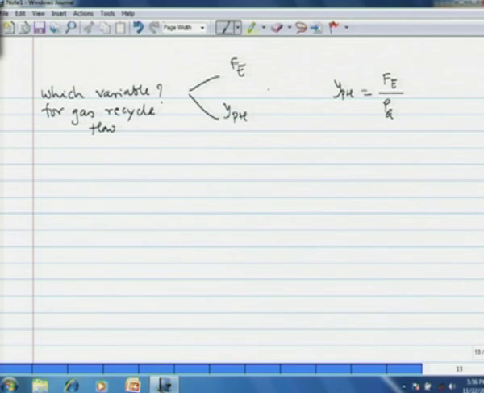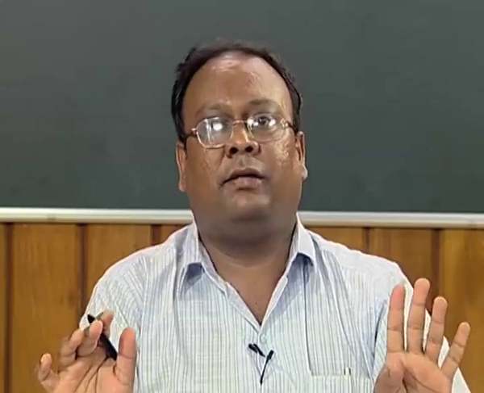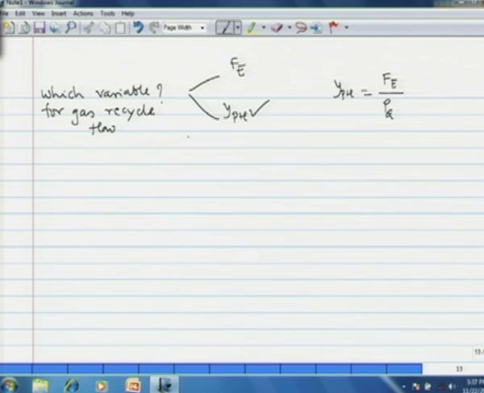Now, out of these two, we prefer to use YPH as the variable because of numerical advantage. YPH is essentially a mole fraction of hydrogen in the purge gas, and being a mole fraction, it has numerical limits of 0 and 1. Mole fraction has to fall between 0 and 1.